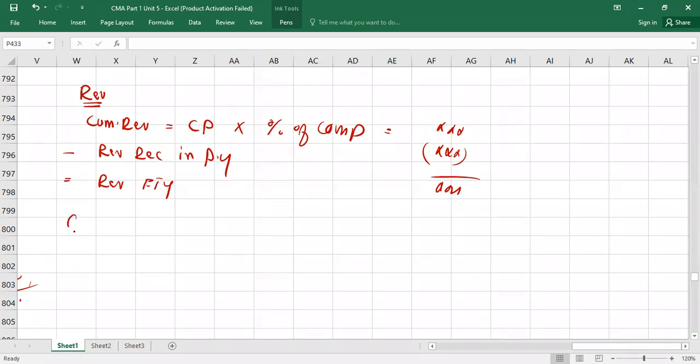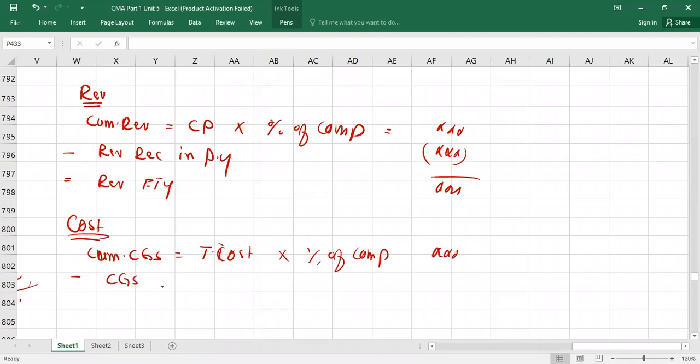Same way you will calculate the cost of goods sold. For cost of goods sold, how will you do it, guys? You will take cumulative cost of goods sold first. For that you need what? Total cost, which will be given, multiplied by percentage of completion. This will give you cumulative cost. From there you will deduct what? Cost of goods sold recognized in previous year.